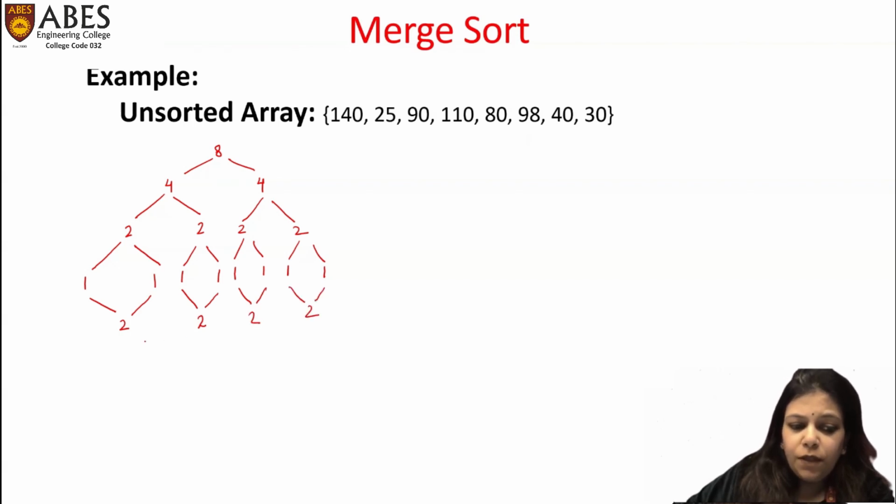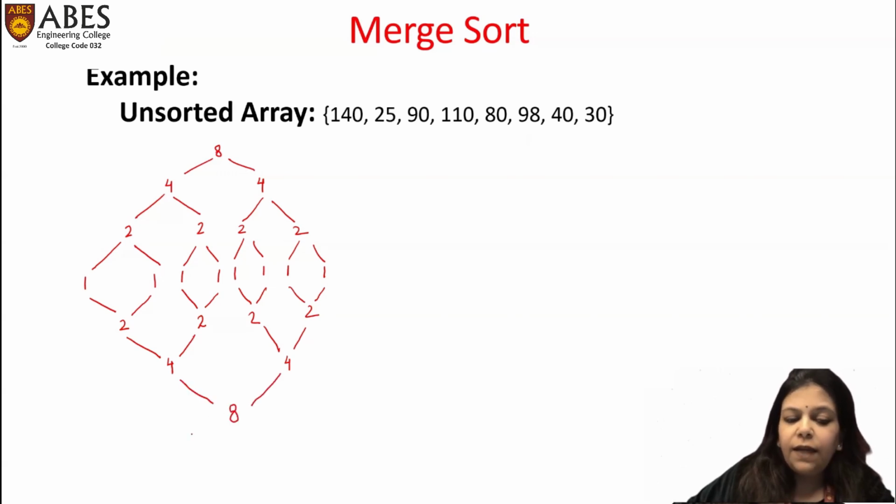Again, we will merge the arrays having two elements each such that we will get a resultant array having 4 elements. And then we will merge these two arrays having 4 elements each such that we will get our final sorted array with 8 elements.